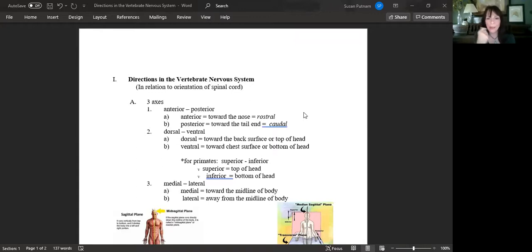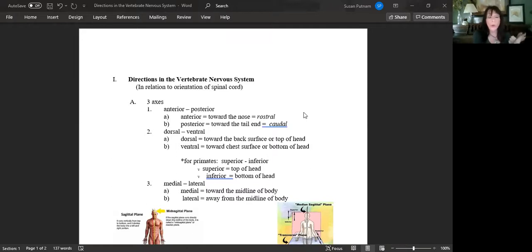Rostral made me think of a rooster. When I think of a rooster, I think of all the stuff going on in this area of his face. Posterior, on the other hand, is towards the back and towards the tail end, which is caudal. Caudal is the word for that.